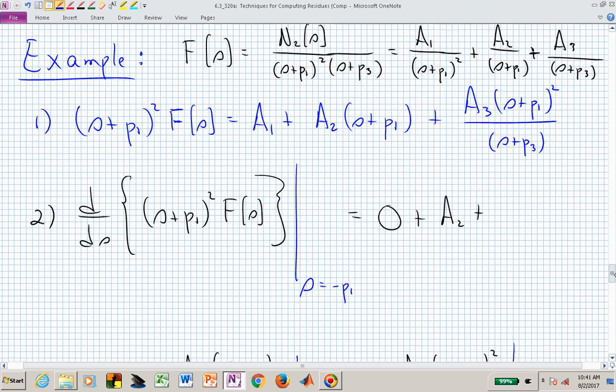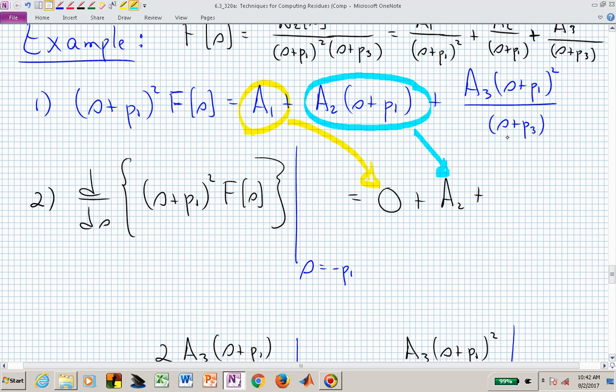But you can see then that if we now differentiate both sides of this, let's not differentiate the left because we're leaving f of s as some variable expression, but on the right, if we differentiate a1 with respect to s, that gives us 0. If we differentiate a sub 2s plus a sub 2p1 with respect to s, that produces a sub 2. And then we want to differentiate this last term with respect to s.